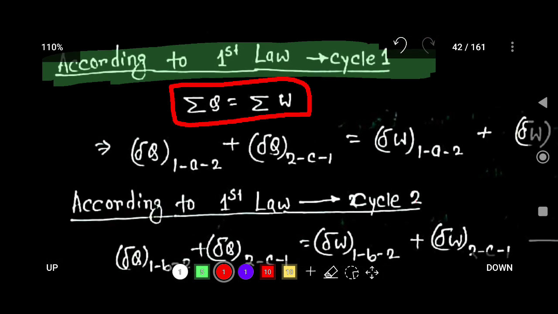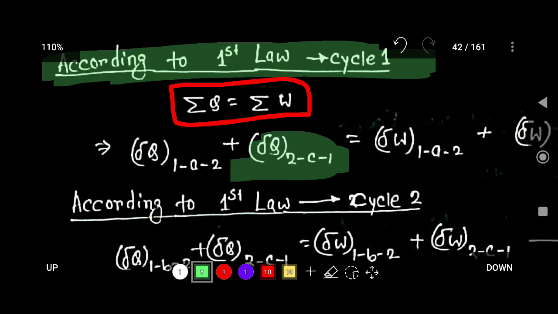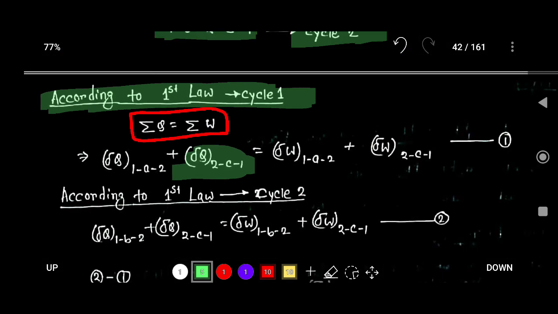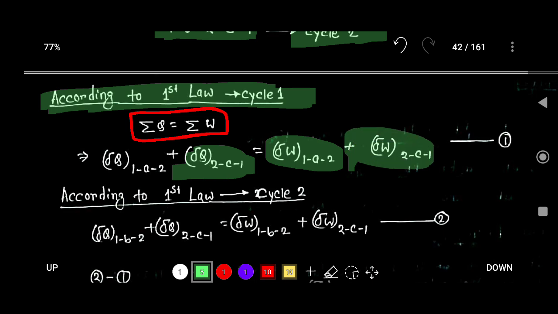So summation of Q is del Q 1A2 plus del Q 2C1, equal to del W 1A2 plus del W 2C1.